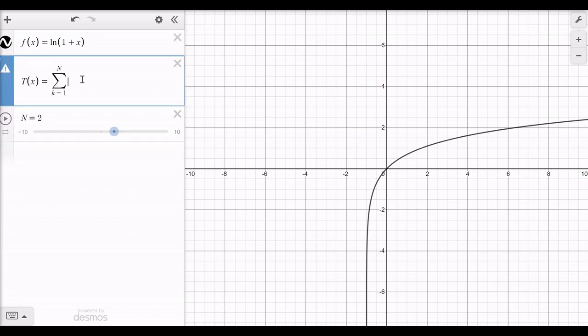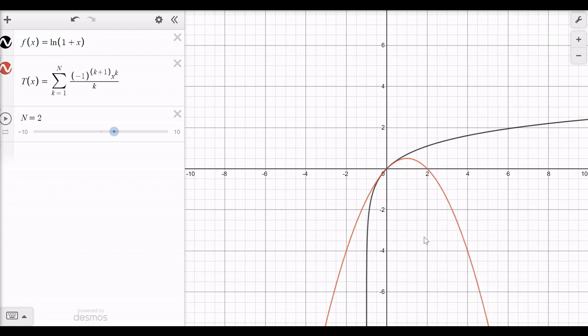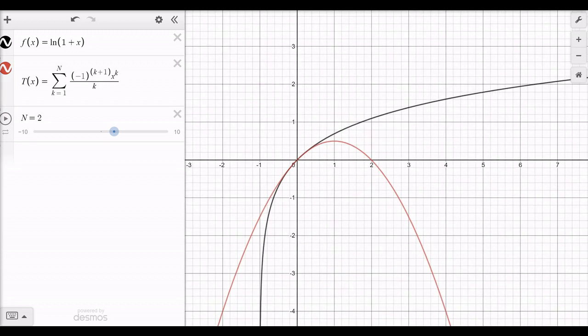We'll start at 2. Negative 1 to the power k plus 1 times x to the k divided by k. So this is the Taylor series for my function natural log of 1 plus x.